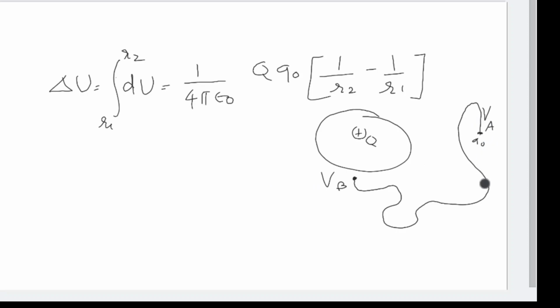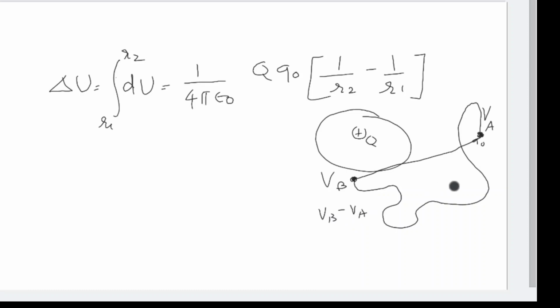We never consider the distance covered by this charge, or the path of the charge. We only consider the shortest distance. So initial potential and final potential: the change in potential is always final potential VB minus VA.